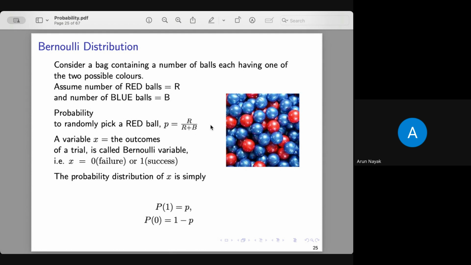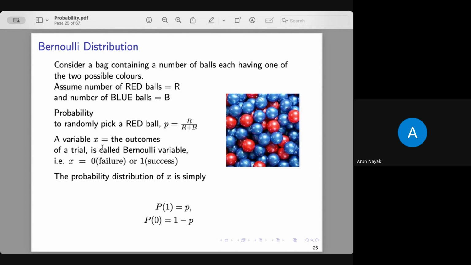Now suppose I define a variable x, which defines the outcome of a trial. In this case, the trial is picking one of the balls from the bag. This is called the Bernoulli variable, and the value that x can take is either 0 or 1. That means if I pick a red ball, that's my success, 1.